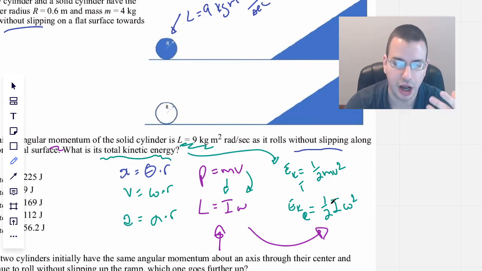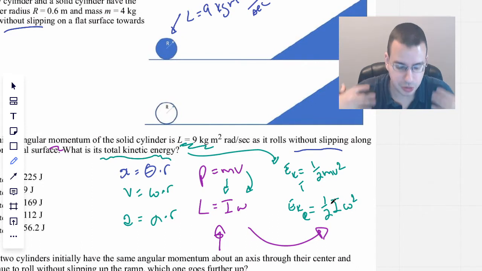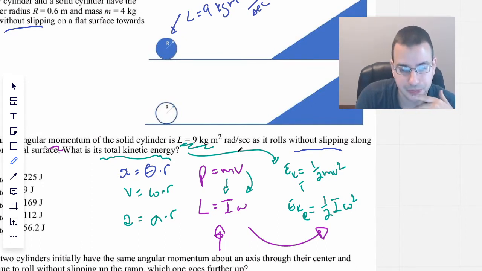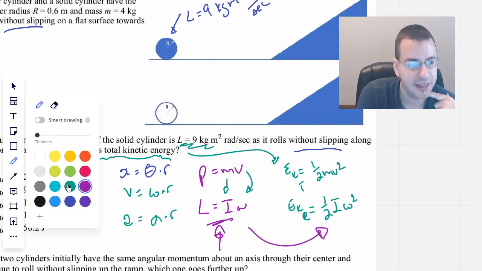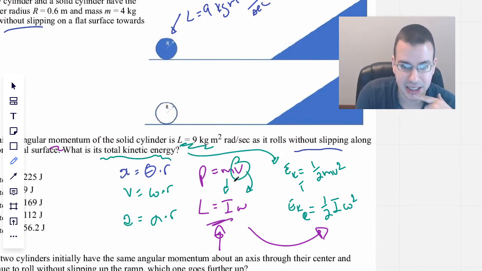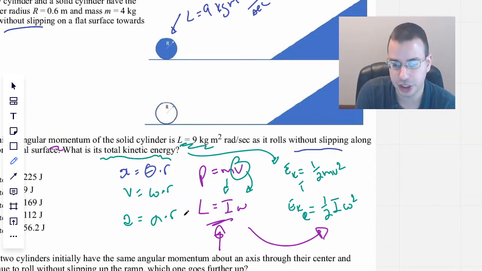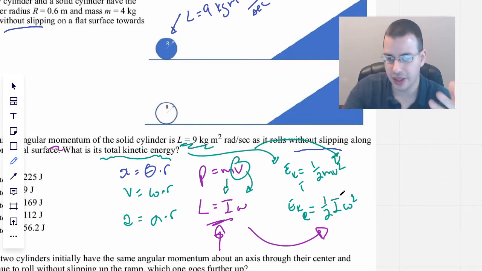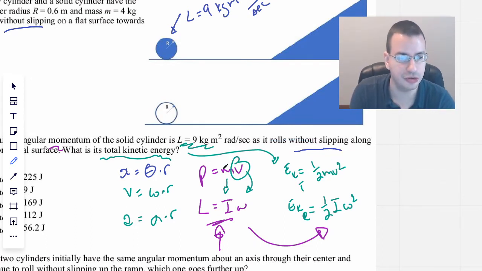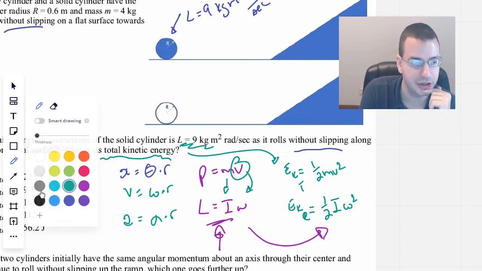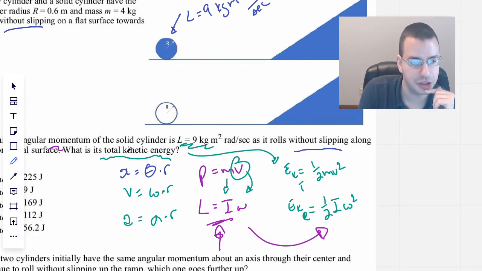I'm just more comfortable working with translational because that's what I learned first. It's more intuitive. Most people are that way. So I'm going to take angular momentum and use that to find the speed. Then I'm going to use these relationships to convert it to the energy as required, because we're looking for total kinetic energy.